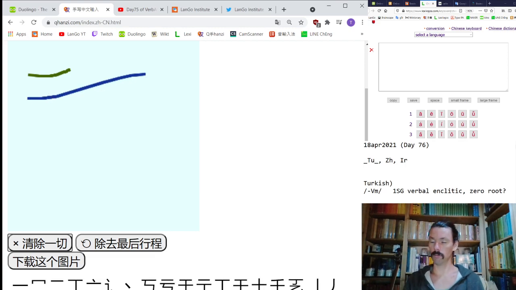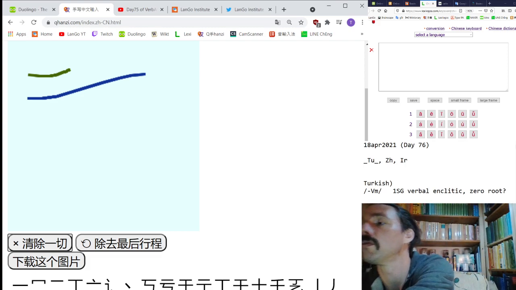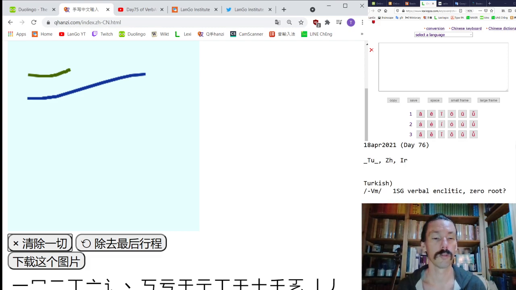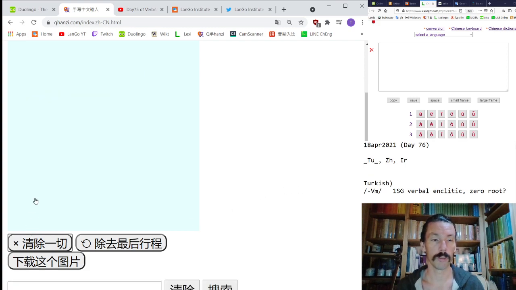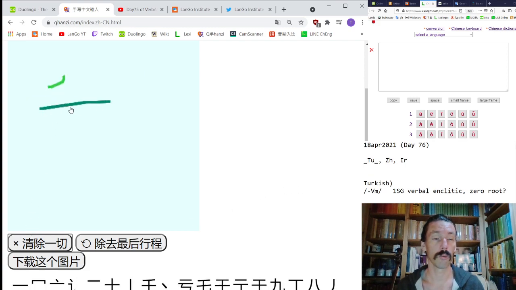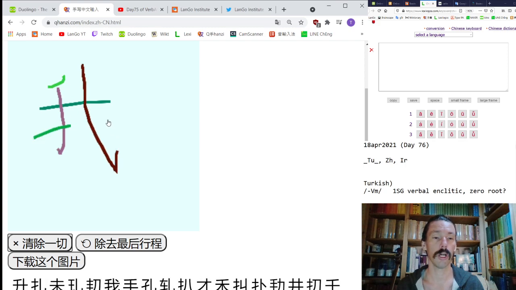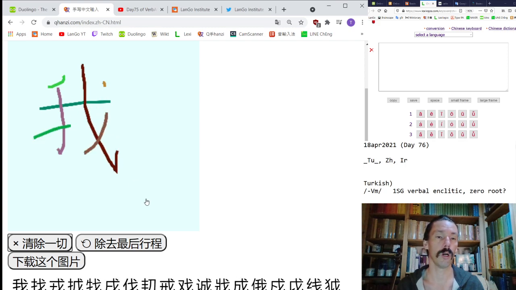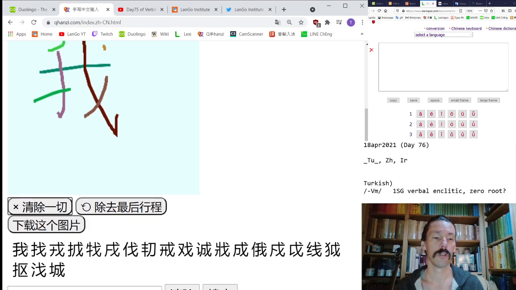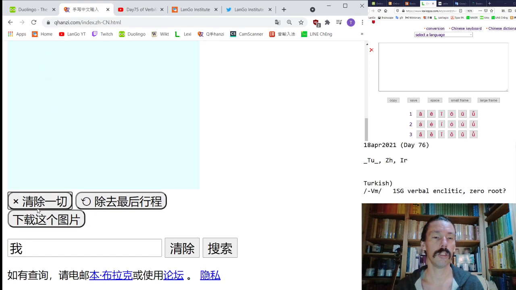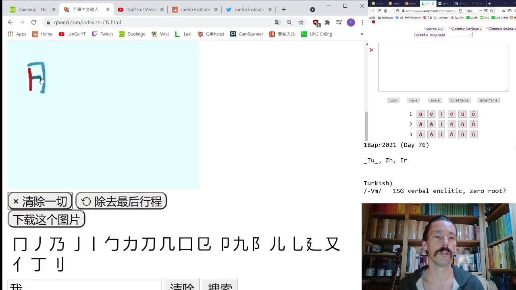H, and then Q for the hand shape. I wonder if this will recognize phrases too.